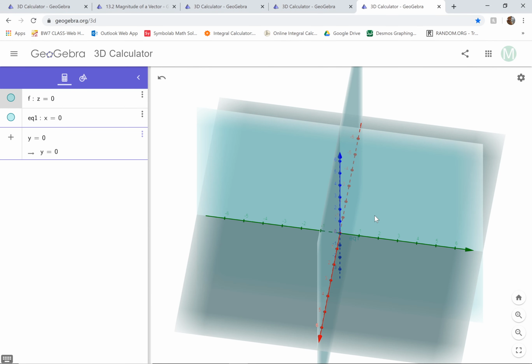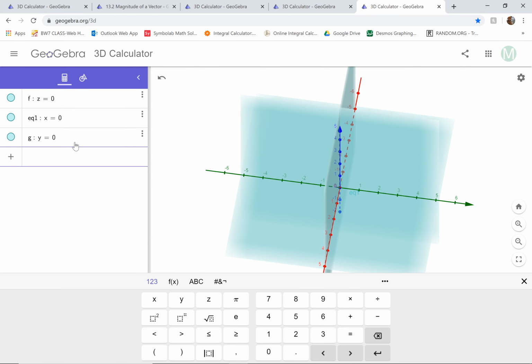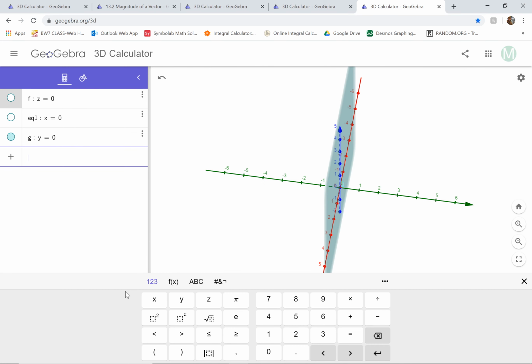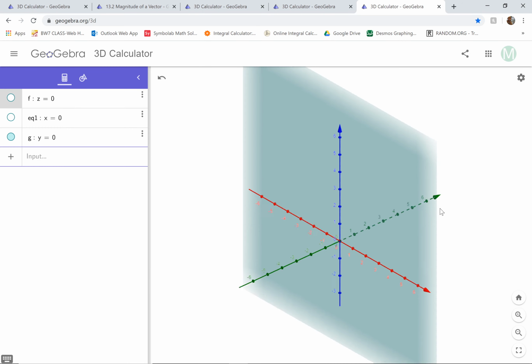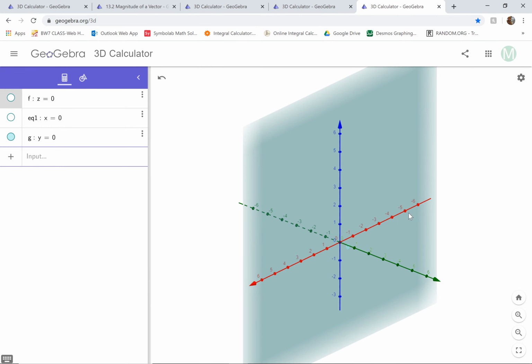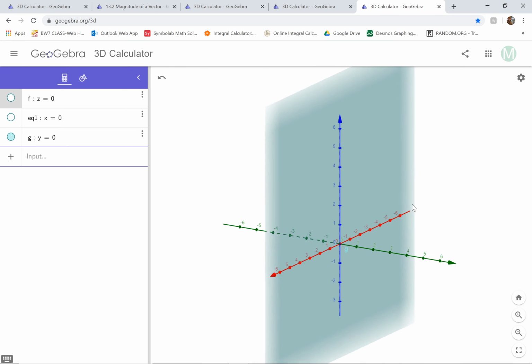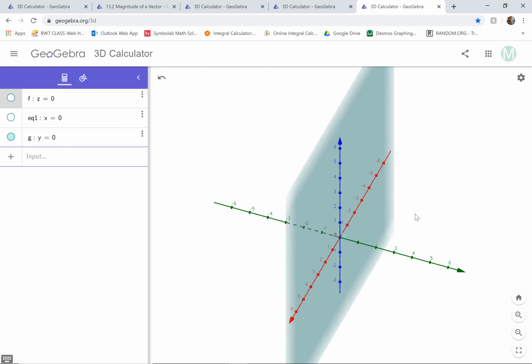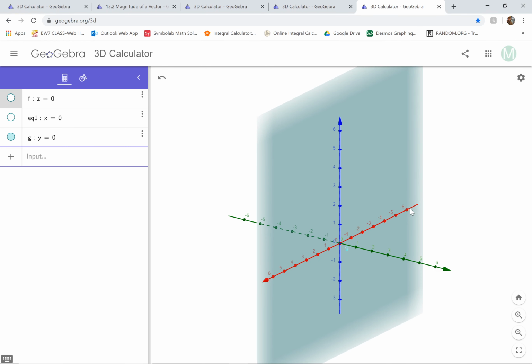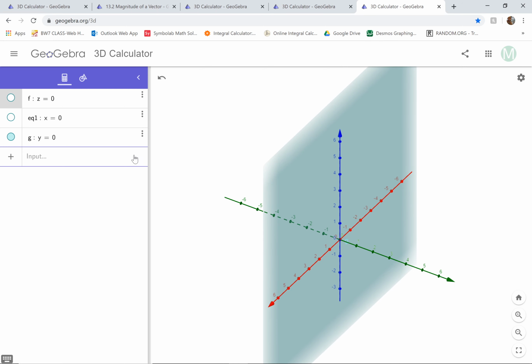You see those three planes there, the XZ plane where y is 0. Again, think of these planes as collections of points.